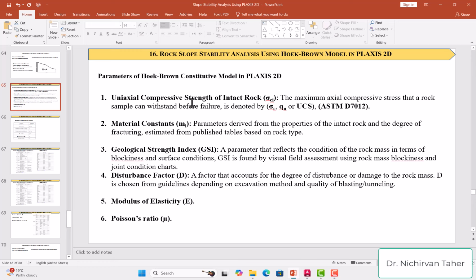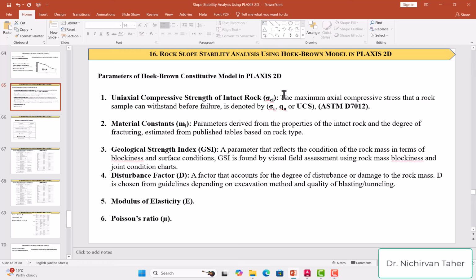The uniaxial compressive strength of intact rock is denoted by sigma sub ci, or sometimes sigma sub c, q sub c, or UCS, which is the abbreviation of unconfined compressive strength. This is the maximum axial compressive stress that a rock sample can withstand before failure.